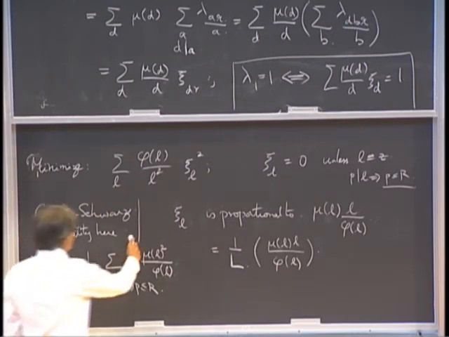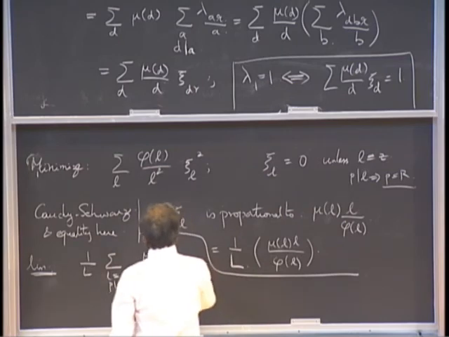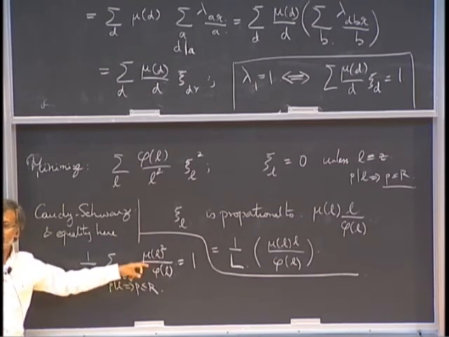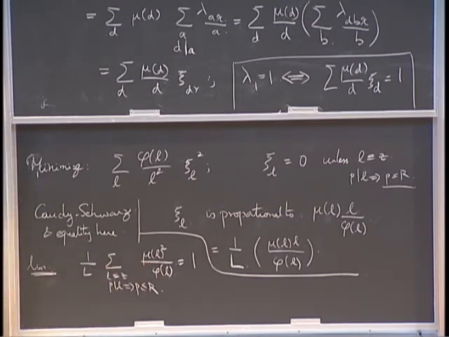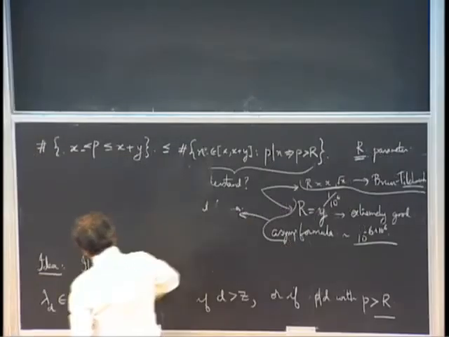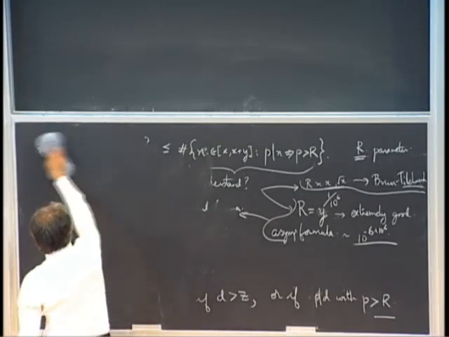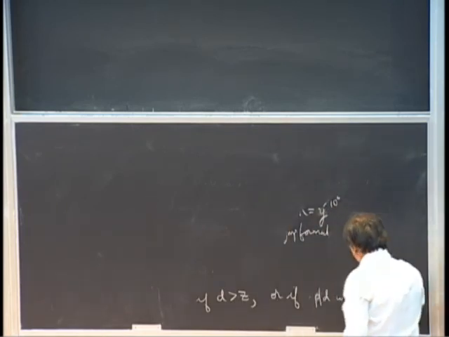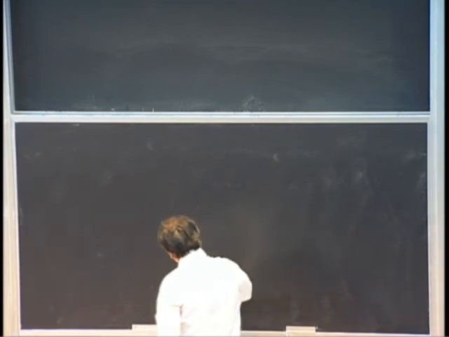So this equals 1 is the linear constraint, or in other words, capital L is just equal to this quantity here. And what's the quadratic form? Well, it's the same thing.